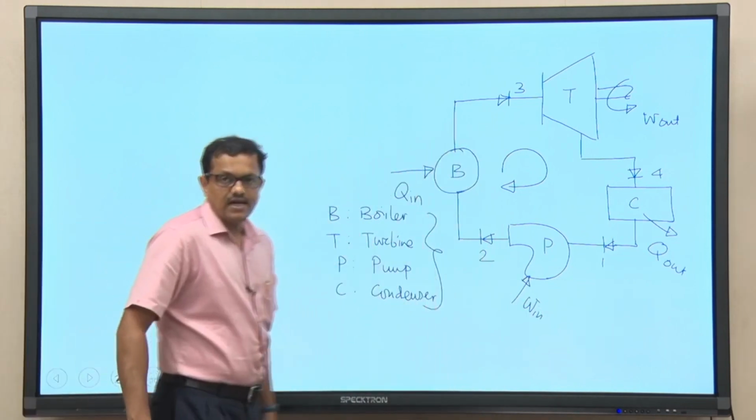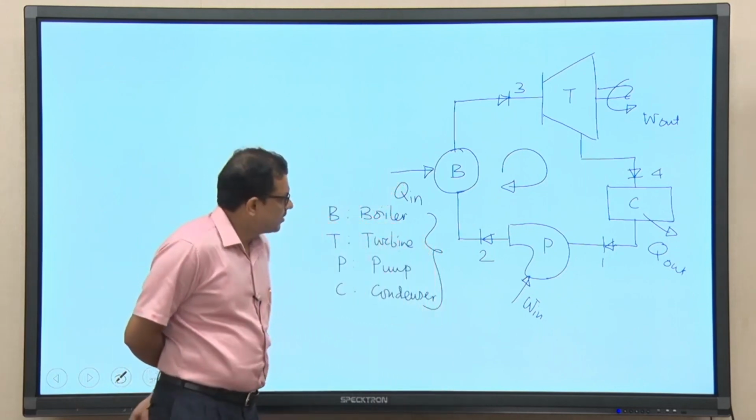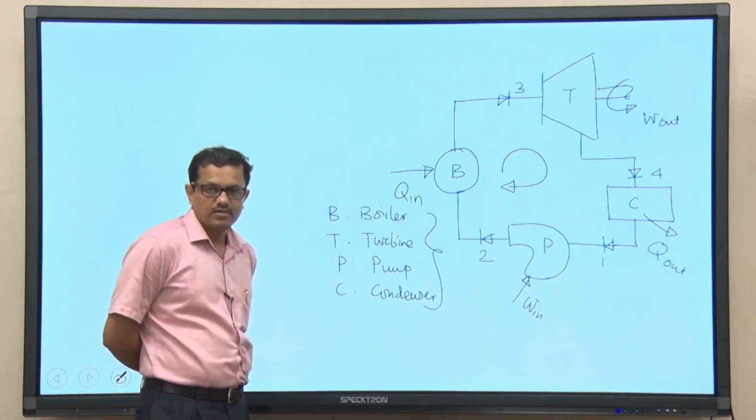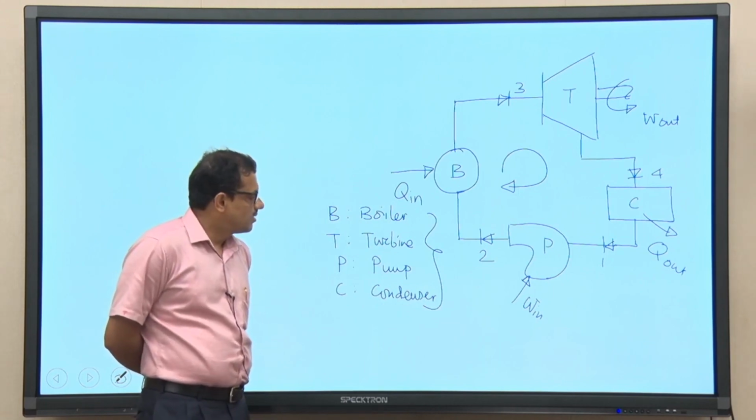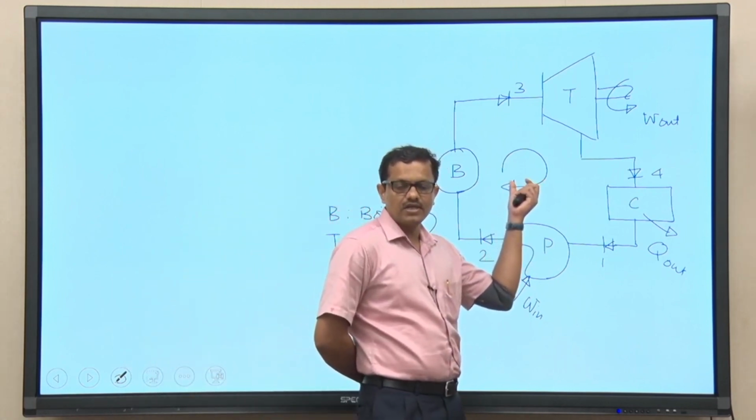Now, what I said is that we would like to analyze the performance of this plant. We can analyze the performance of this plant or system by mapping all the processes in a thermodynamic coordinate diagram.